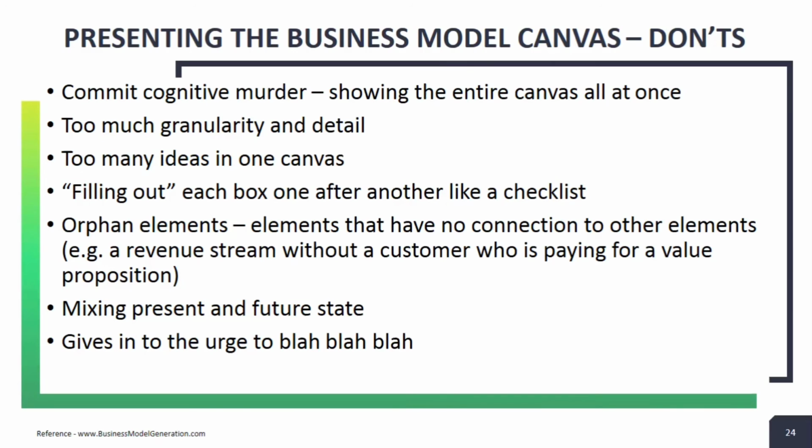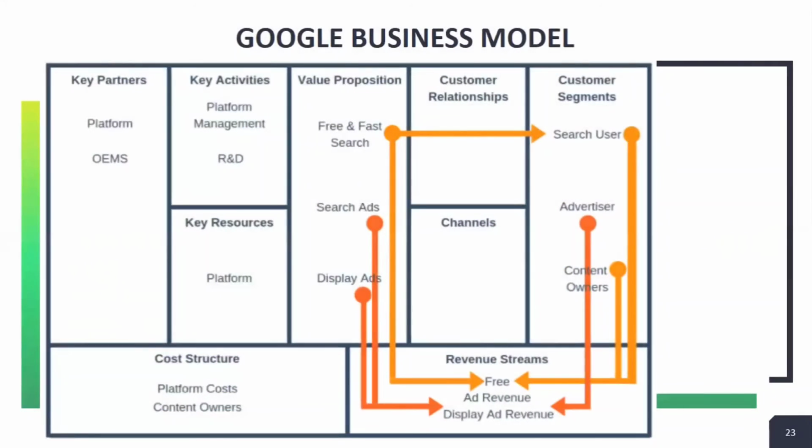We want to avoid creating orphan elements, which are elements of the business model that are not connected to others. Let's see the Google model example. Here, advertiser is our customer segment. Display ad revenue is the revenue stream, and display ads is the value proposition.